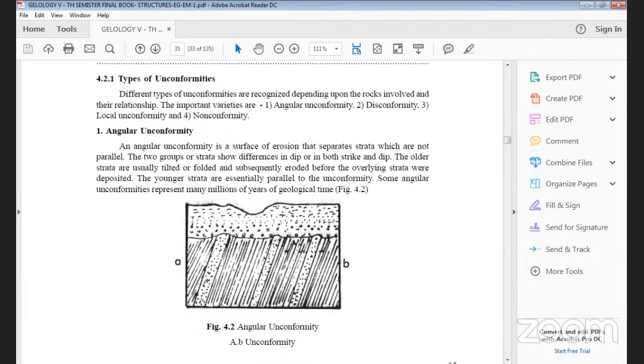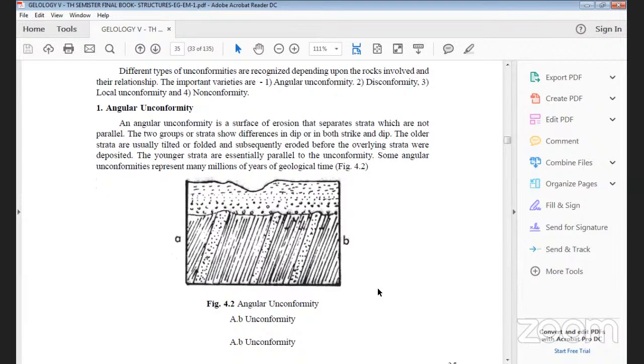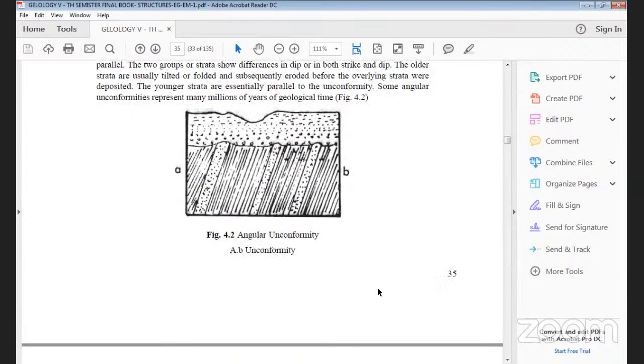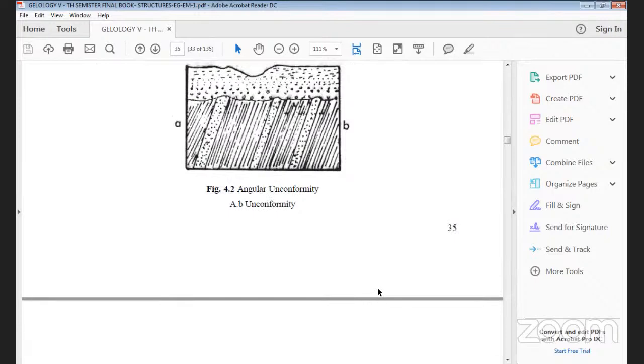The two groups of strata show differences in both strike and dip. The older strata are usually tilted or folded and subsequently eroded before the overlying strata were deposited. The younger strata are essentially parallel to the unconformity. Some angular unconformities represent many millions of years of geological time.